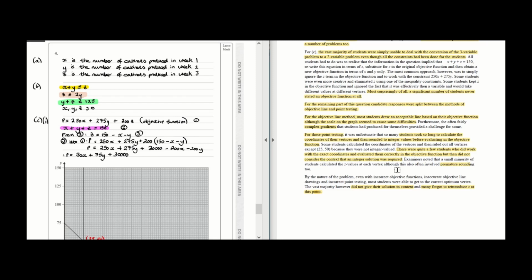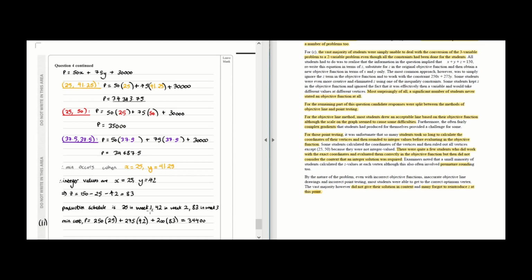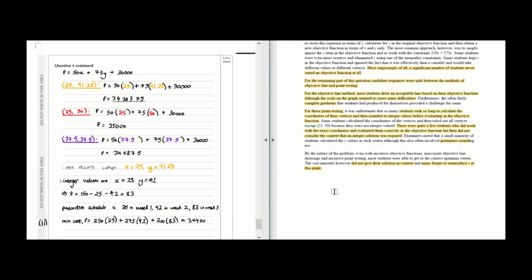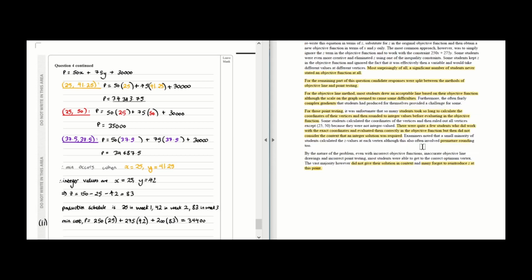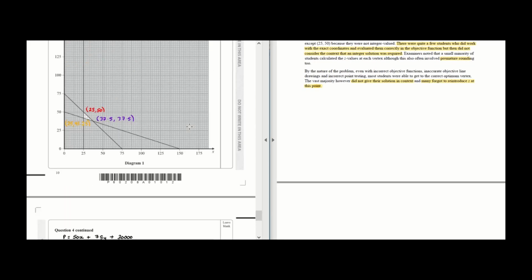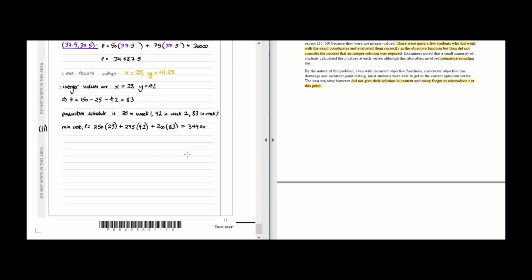In terms of the next part of the question, you had to reintroduce the z variable, and many students forgot to introduce that z variable. So overall, I think the paper seemed to be very straightforward in my opinion. I think probably the more difficult question was the graph theory one.